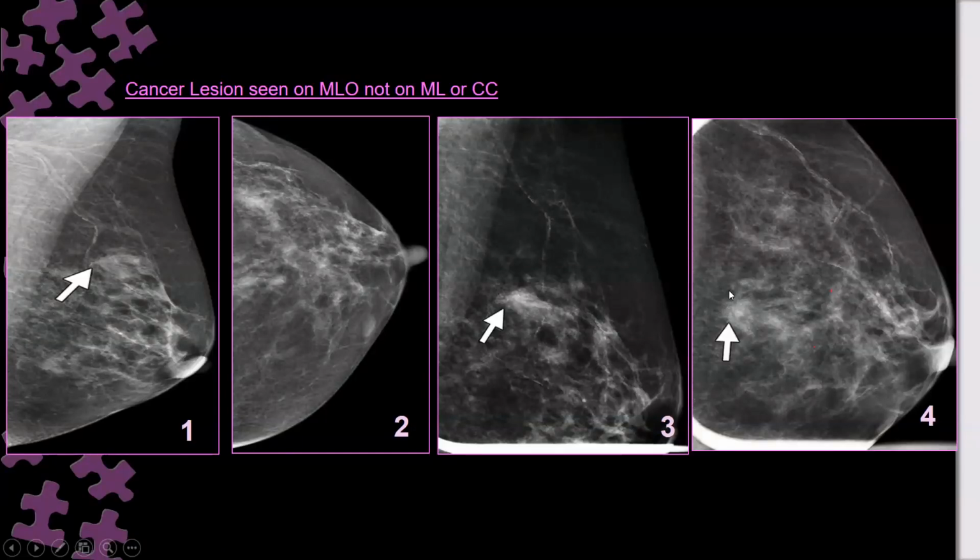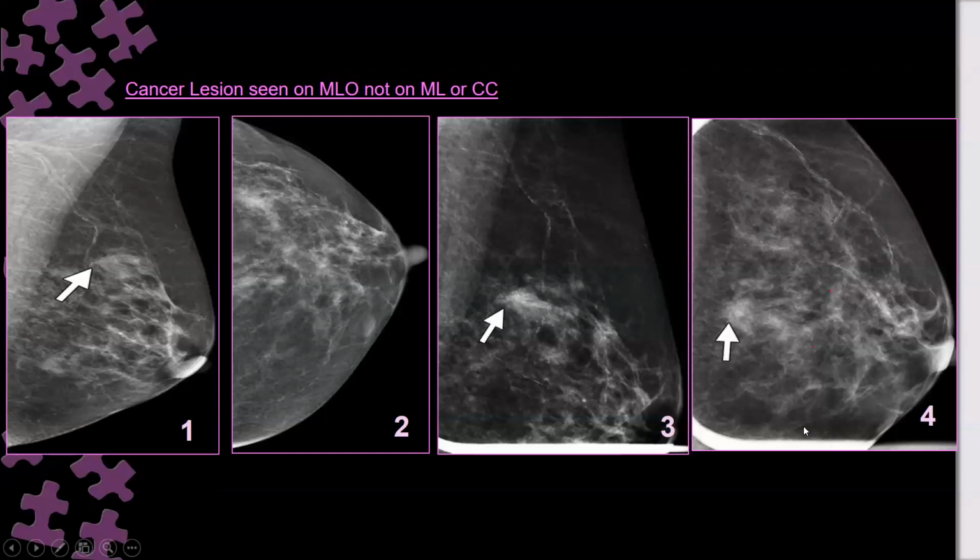Where have you seen the pectoralis muscle? Superiorly. You can see the pectoralis here.